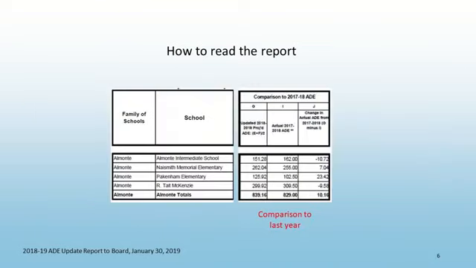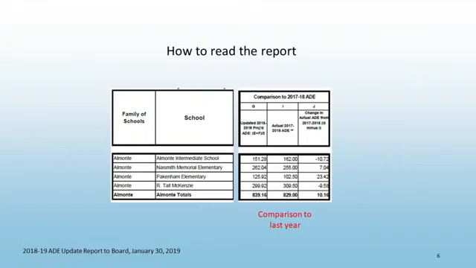So you remember in that other slide I was saying there's a far right part of the table as well, that sometimes when we look at enrollments we want to understand how this year compares to the year previous, and that's what this part of the enrollment report does. It provides a view of our updated ADE and then compares it to the actual ADE that was in place for the 2017-18 school year last year.